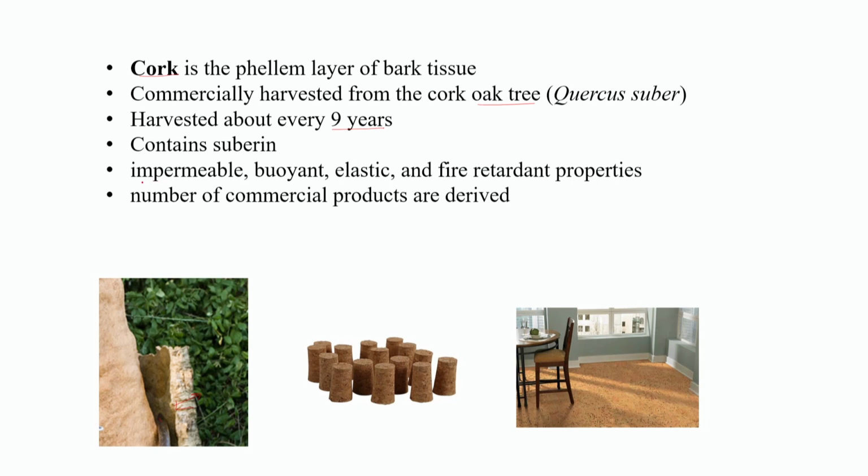This cork is very important because it is impermeable, buoyant, elastic in nature, and has fire retardant properties, so it is made into a lot of commercial products like cork stoppers you would have definitely seen, and also floors and many other household things.